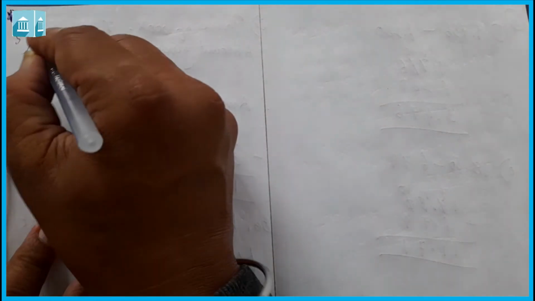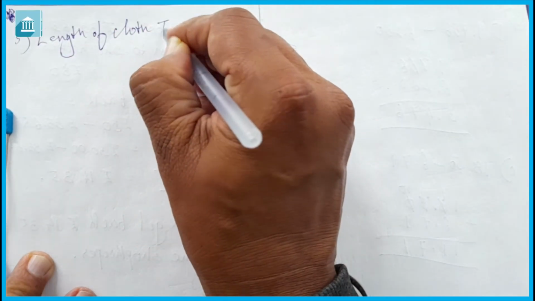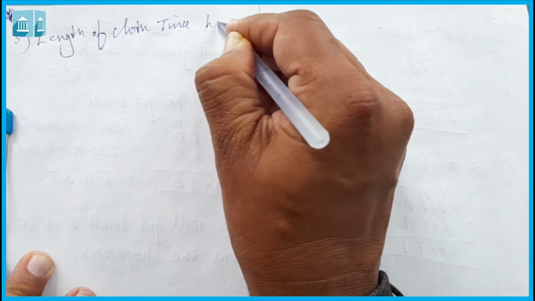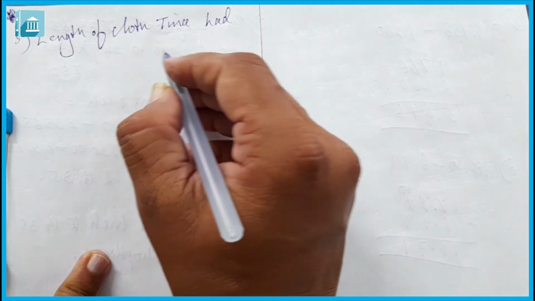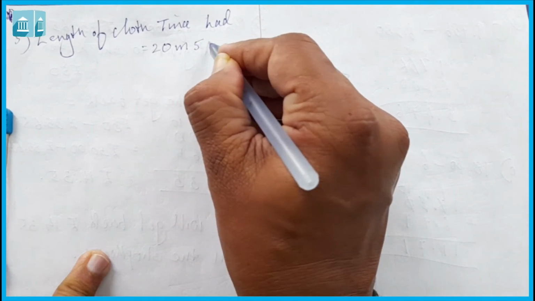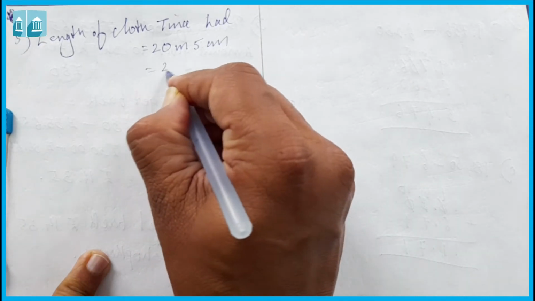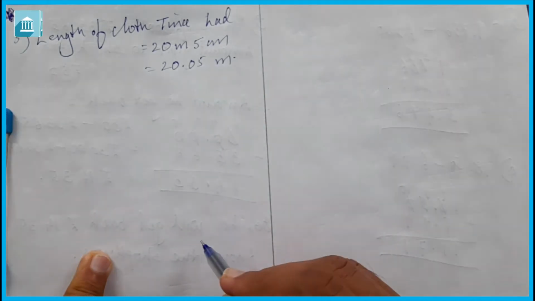So first we will find out the length of cloth Tina had, which is 20 meter 5 centimeter, equal to 20.05 meter when we convert it into decimal.